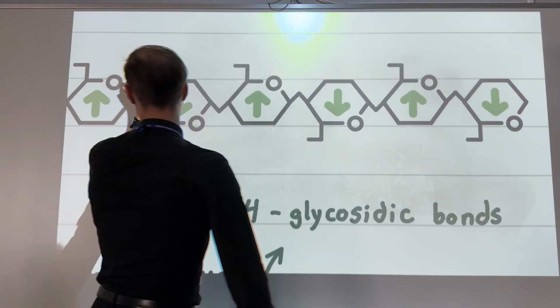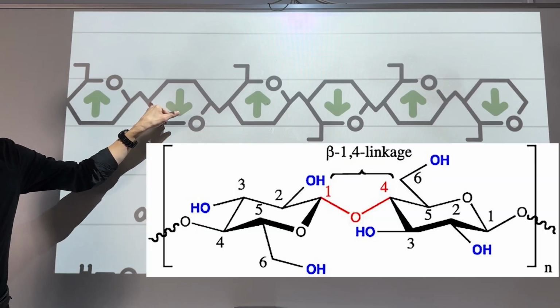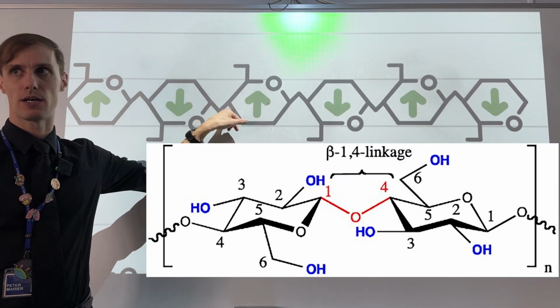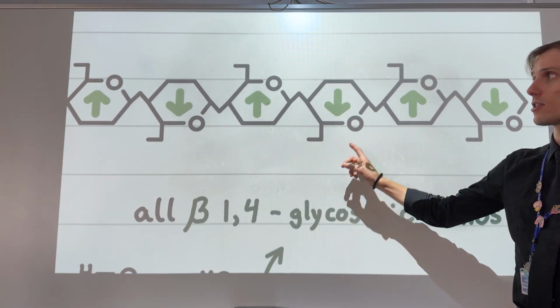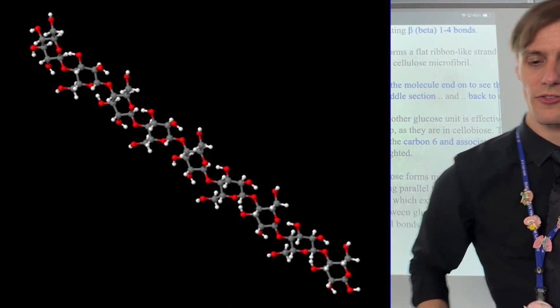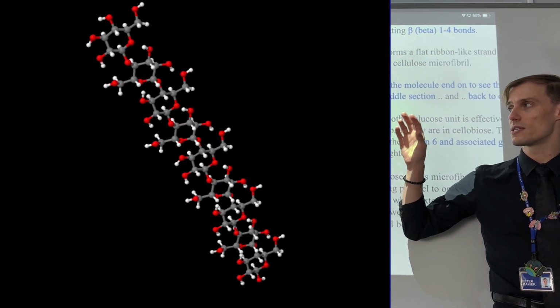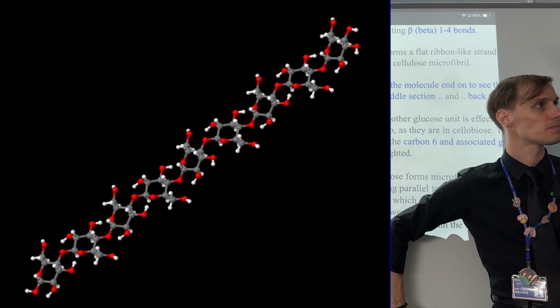So you have beta 1,4 glycosidic bond, beta 1,4 glycosidic bond, beta 1,4 glycosidic bond. Also notice that there are no branches. Here is cellulose. What differences do you see between cellulose and the other 3 polysaccharides?